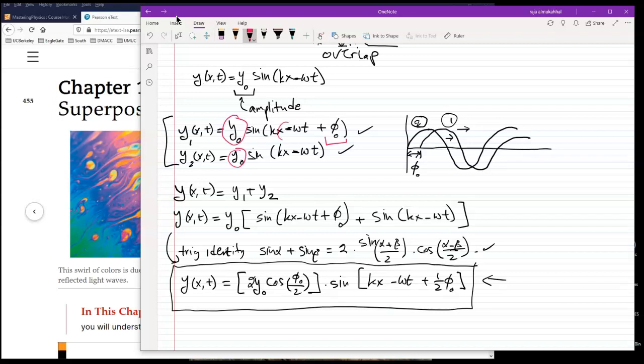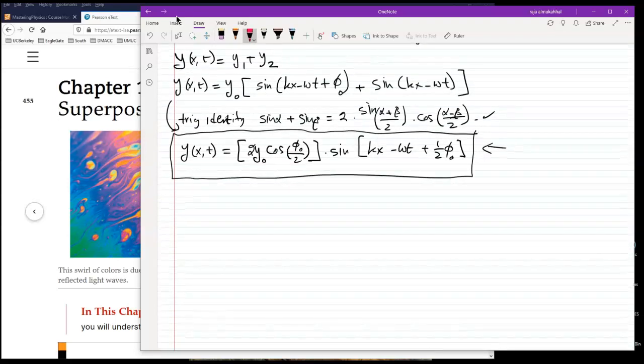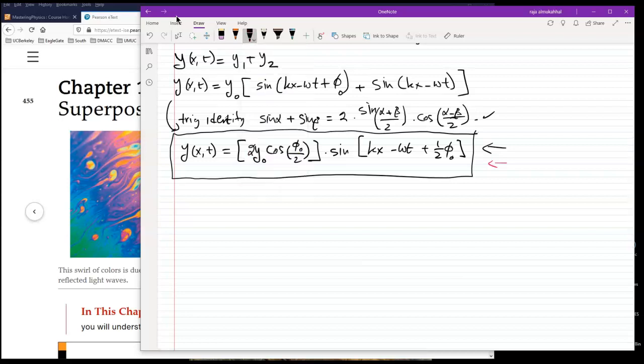They're both moving to the right and have the same omega t. So when they superimpose, interfere with each other, what will happen? Well, the resultant wave would be this one here. So let's study this equation further.